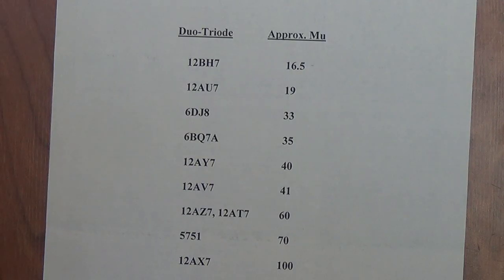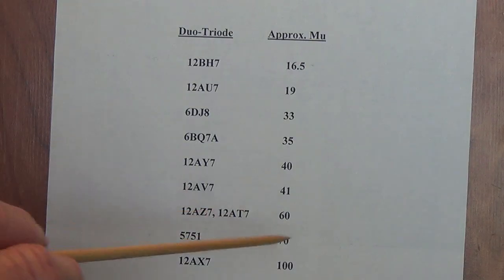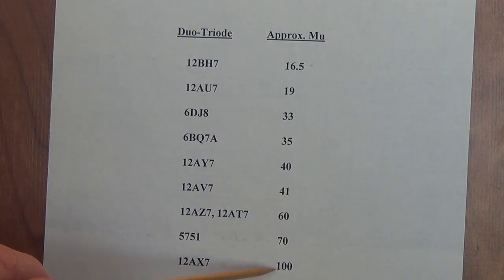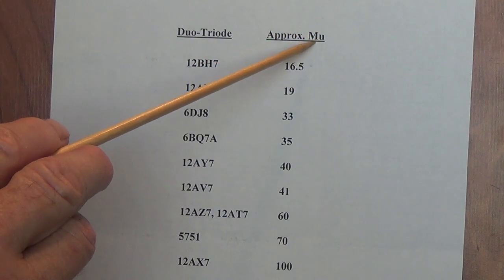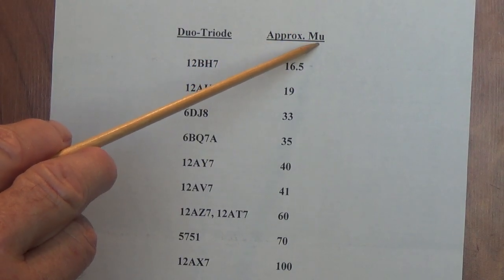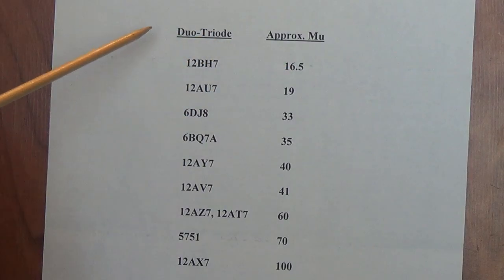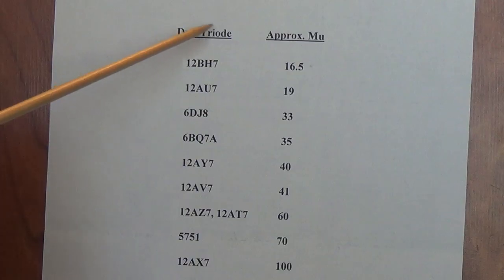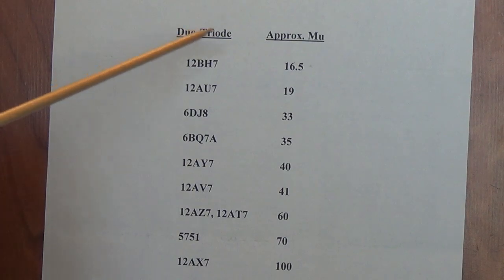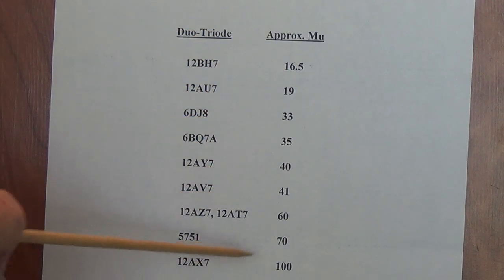Now, as we saw, because of the lack of any shielding between the grid and the plate in the triode, the amplification factor of the tube is limited to a maximum of about 100. The amplification factor is abbreviated as the Greek letter mu, and we'll see that the companies have produced duo triodes primarily in all different amplification factors.